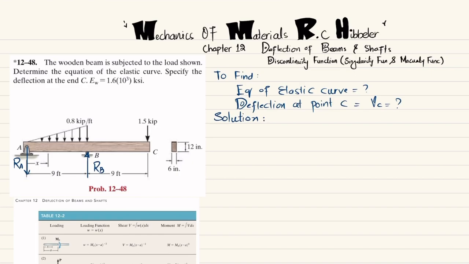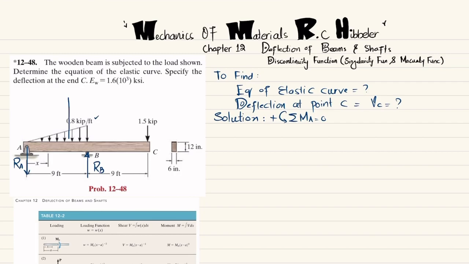So RB can be obtained by applying the equation of equilibrium, that sum of all moments about point A is equal to 0, taking the counterclockwise moment as positive. So you can see there is a triangular load of 0.8 kips per feet.